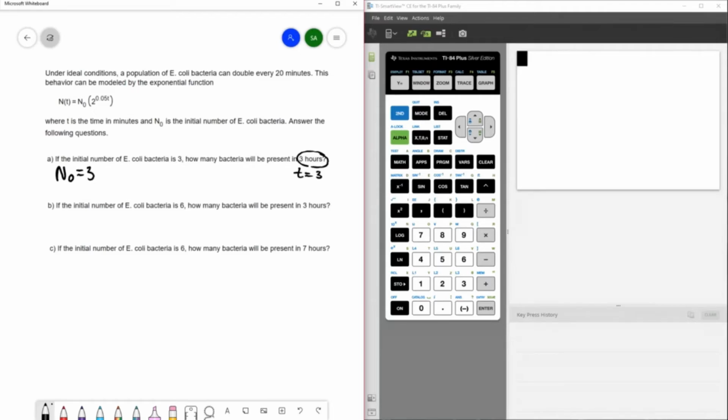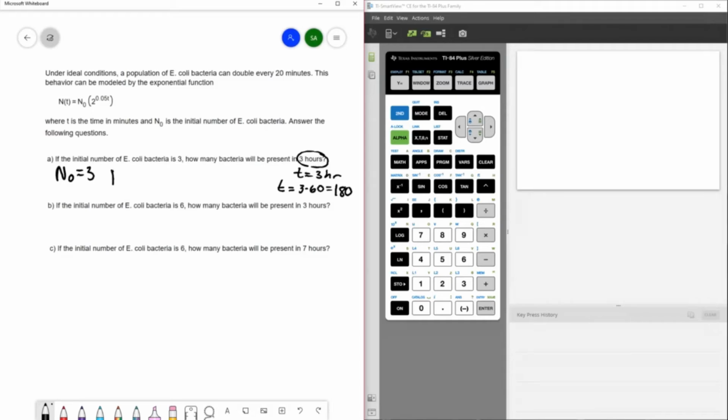We need to know how many minutes are in 3 hours. We can change hours to minutes by multiplying 3 by 60 to get the number of minutes. So 3 times 60 would be 180. When we use time in our formula, we want to use it in terms of minutes.